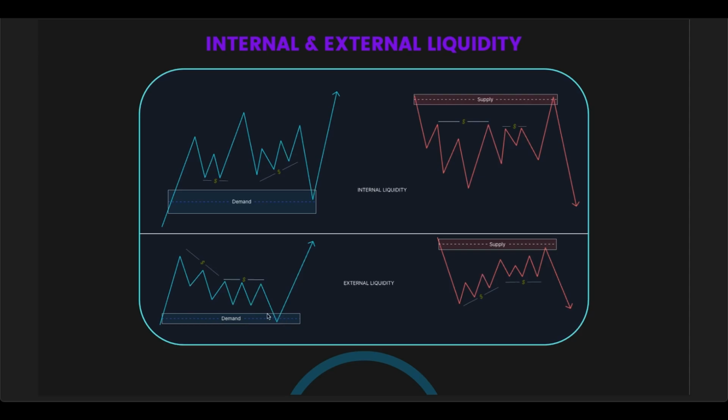But once price taps into our demand or supply zone, price or liquidity gets taken out as it's going down or as it's going up, right? Depending on the trend. But that is essentially as easy as I can put it for internal and external liquidity. So let's move on.